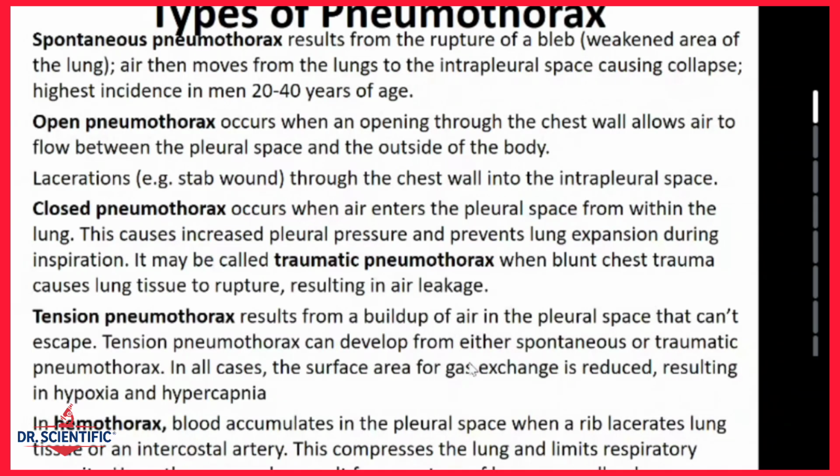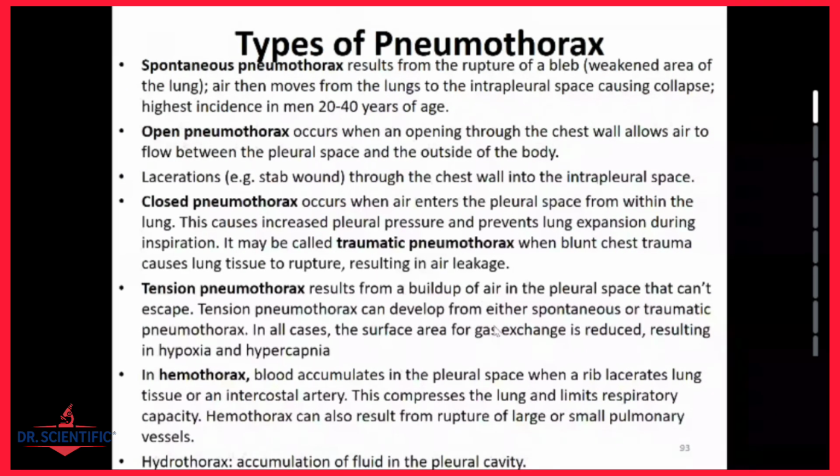So again, be it spontaneous or traumatic, air has got in, but now it has been trapped or has built up within the pleural space, and as such, leads to collapse of the lungs.